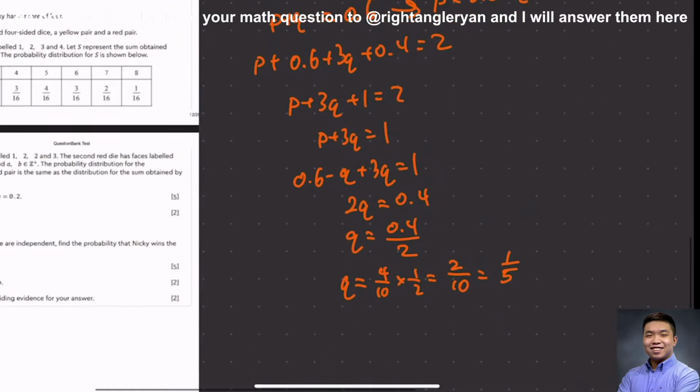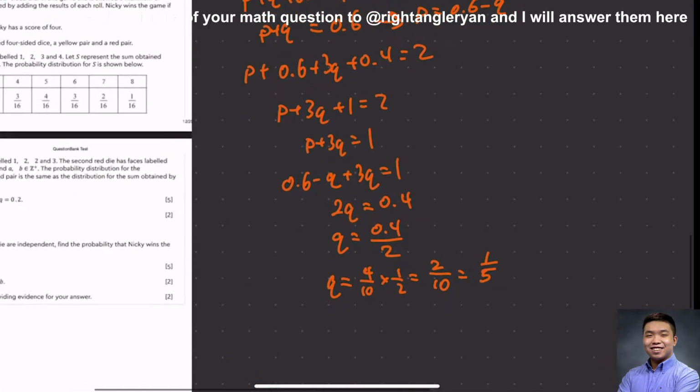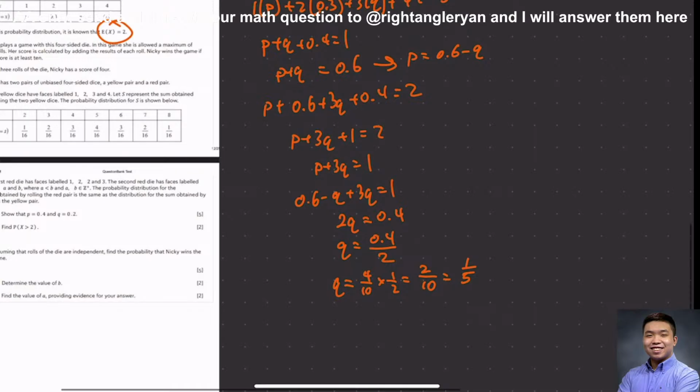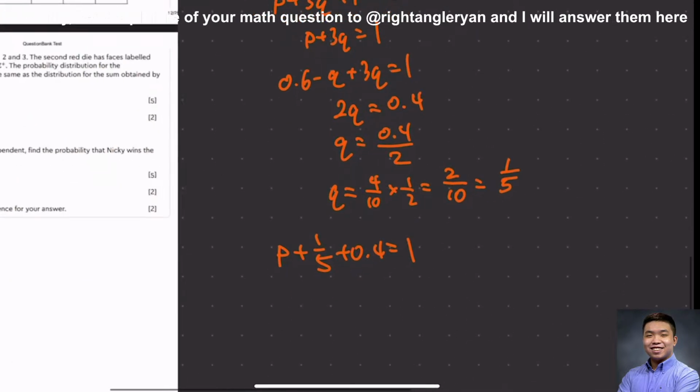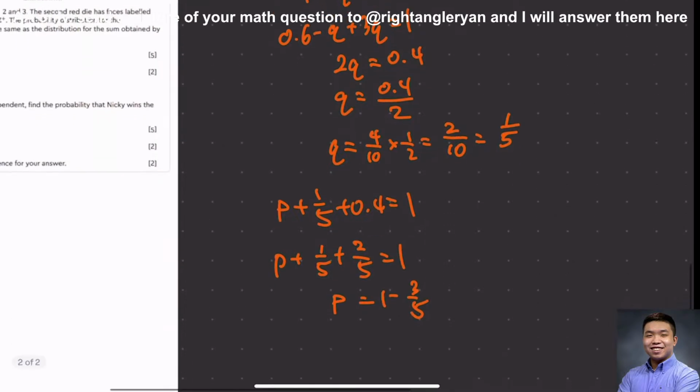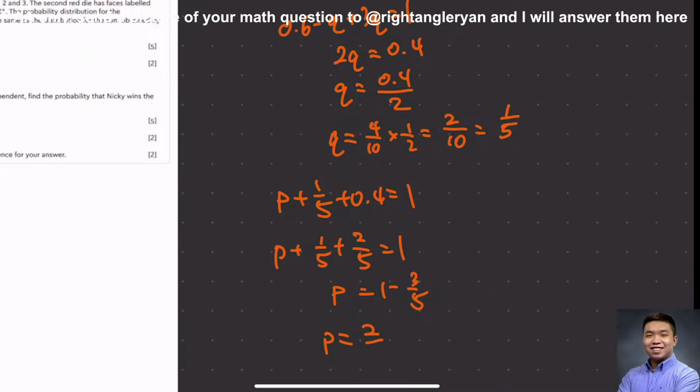Once we have Q is 1 over 5, we will need to find P. So P plus 1 over 5 plus 0.4 equals 1. So P plus 1 over 5 plus 2 over 5 equals 1. P is 1 minus 3 over 5, so P is 2 over 5.